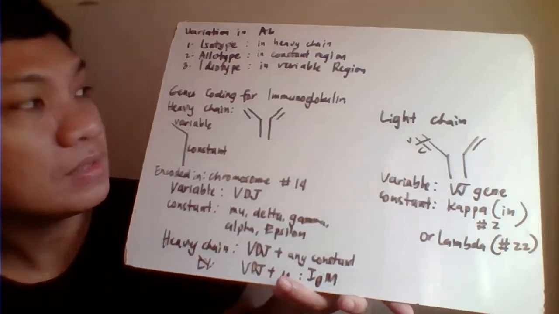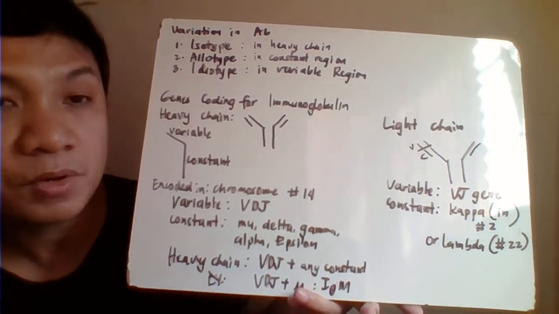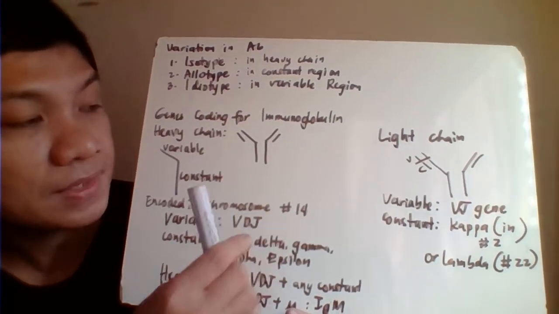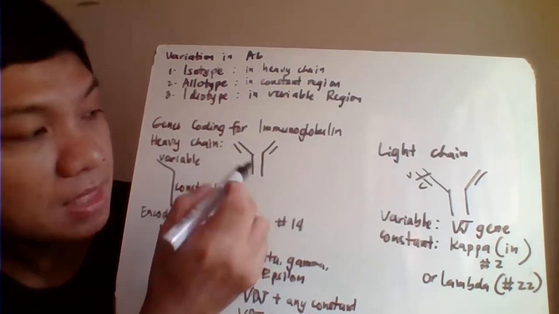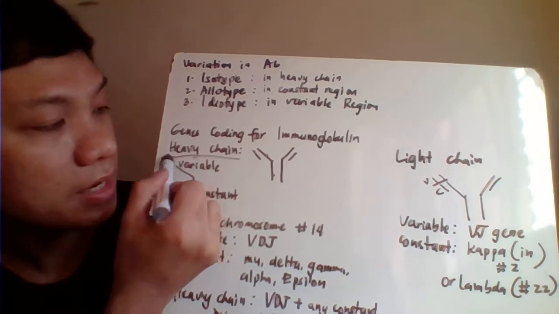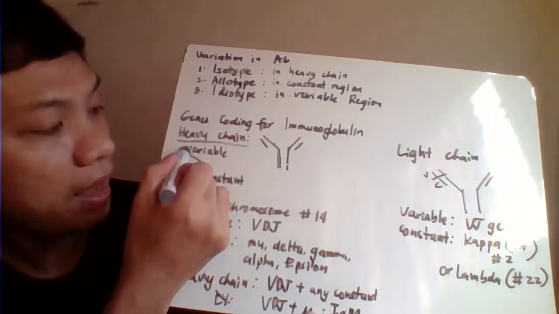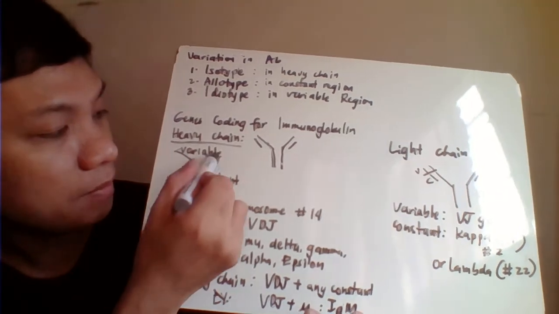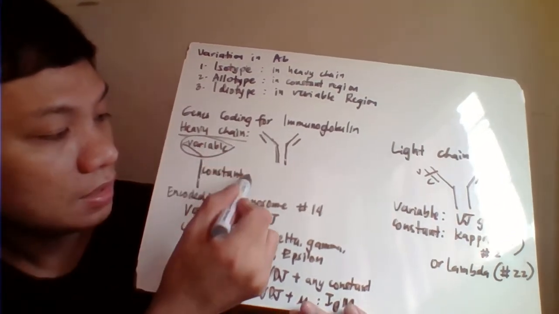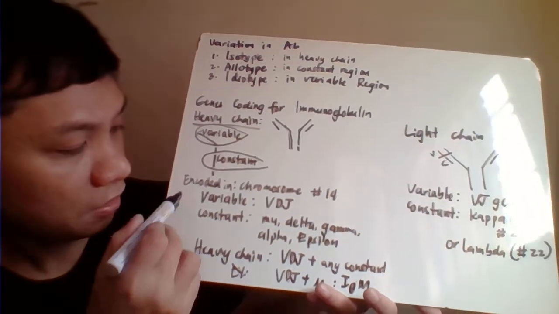Then we have the genes coding for the immunoglobulin antibody, or the antibody production. Again, as a review, our antibody is made up of the light chain and the heavy chain. First, we're going to make your heavy chain. Diba, your heavy chain, as what we've discussed, is made up of the variable region and we have also the constant region.